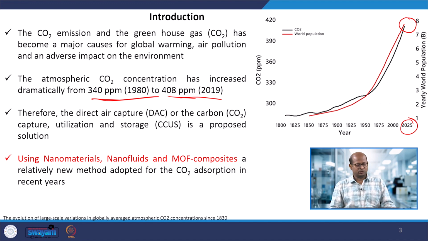The source is this greenhouse gas, and the sources are different industrial processes, particularly steel making and power generation, by burning of coal, natural gas or crude oil. So we are generating and increasing this CO2.